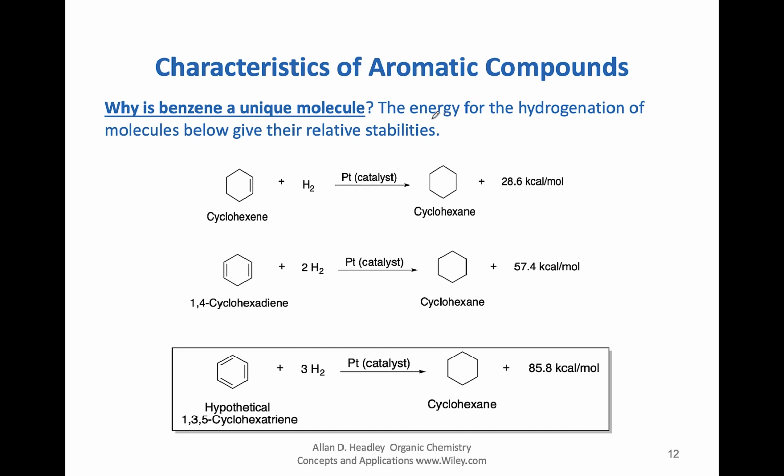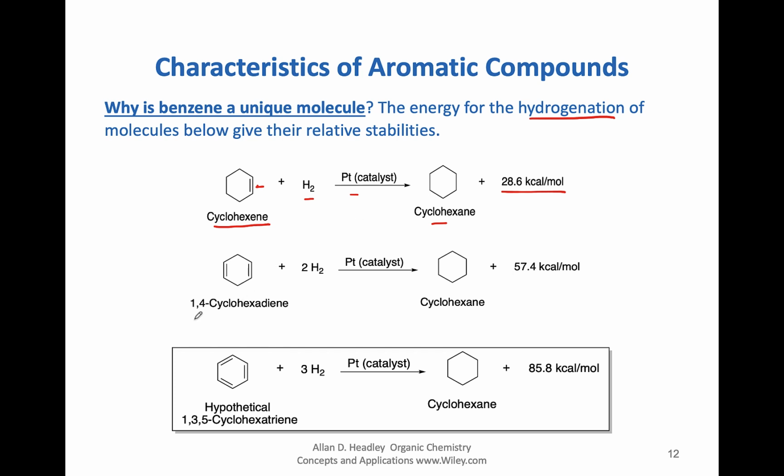We do know that the hydrogenation of molecules can give us ideas of relative stability, because these are exothermic reactions. So if you take cyclohexene, with 1 double bond, and react it with hydrogen in the presence of a catalyst, you get cyclohexane and heat liberated, 28.6 kilocalories per mole.